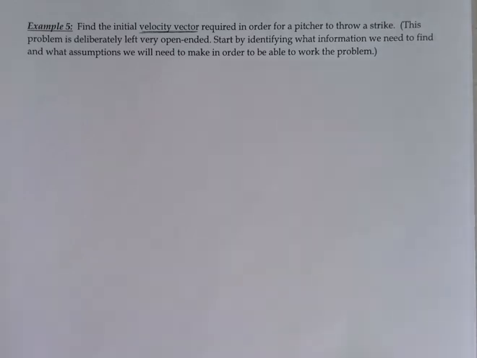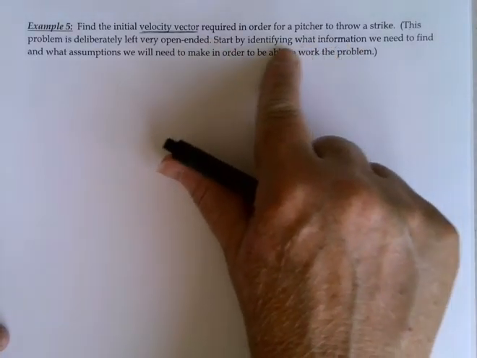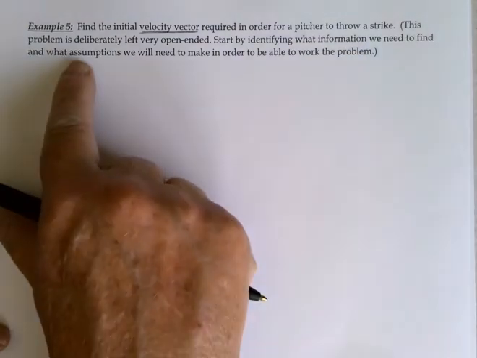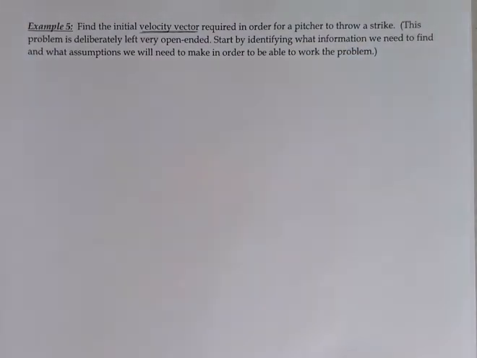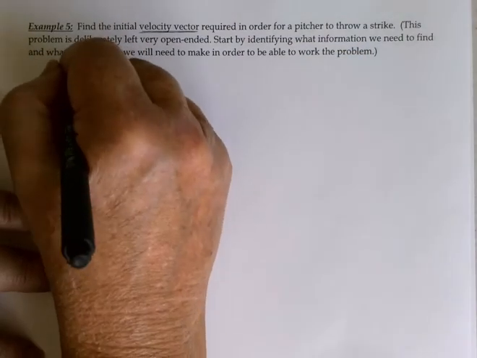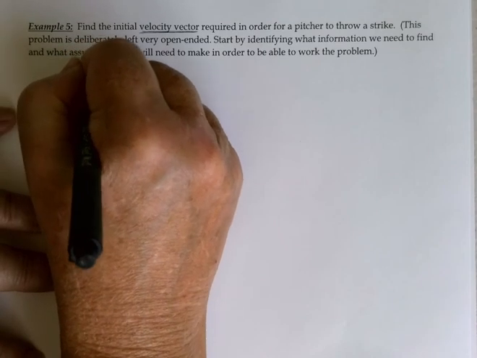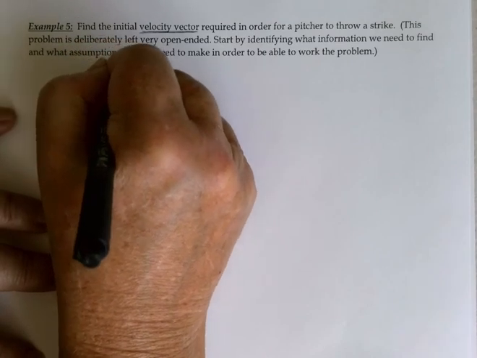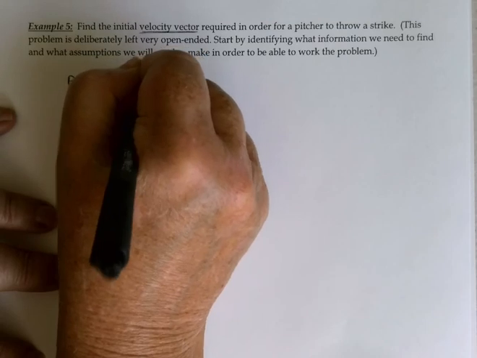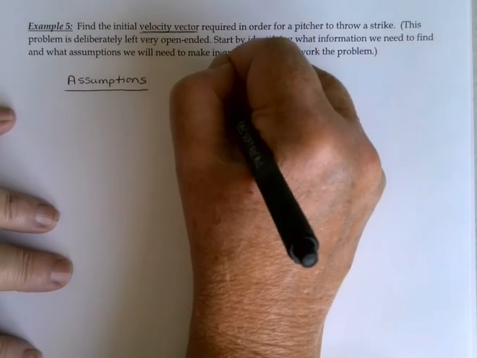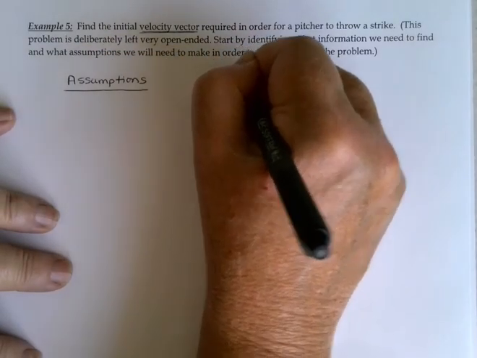So, it says start by identifying what information we need to find and what assumptions we'll need to make. I'm going to be asking you then to list them as that. Assumptions, and then known facts that you need.